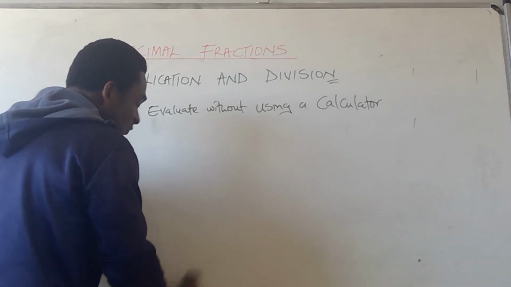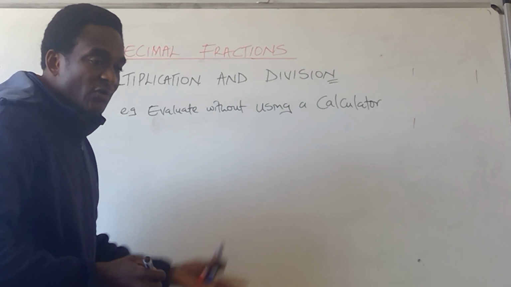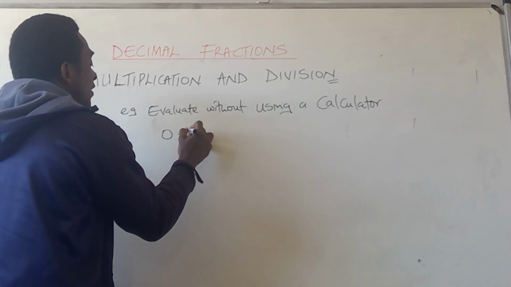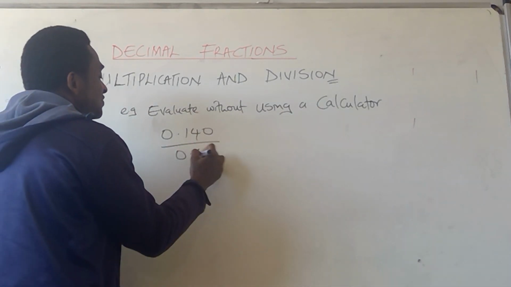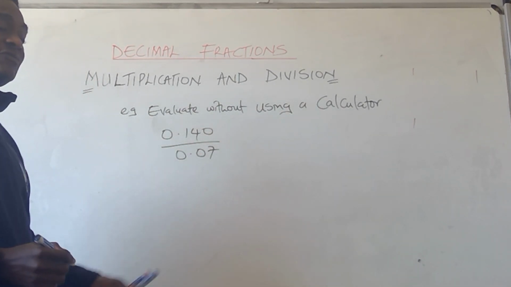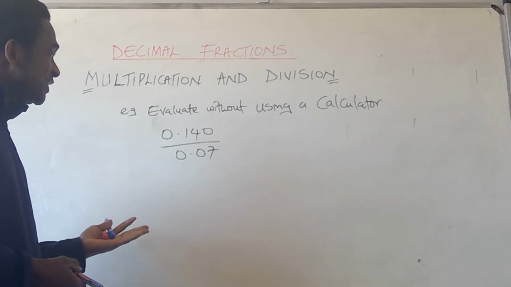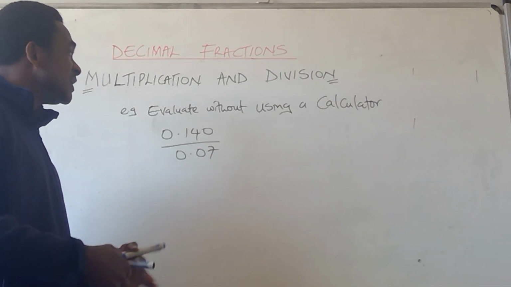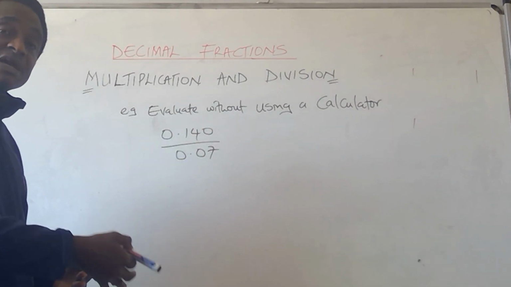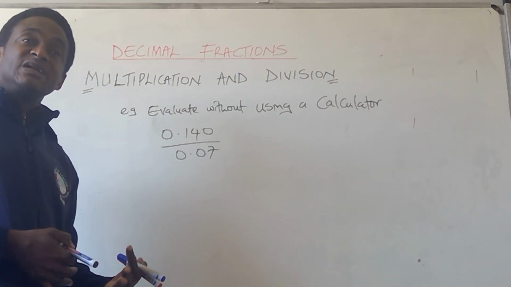So for division, we will take a sum, which is evaluate the following again. So we have 0,140 divided by 0,07. If we are asked to divide, the approach here, remember previously for multiplication, we take out and return, but here we also take out the number of decimal places that we have, but we don't return anything.